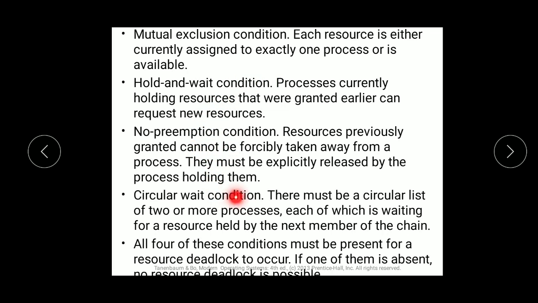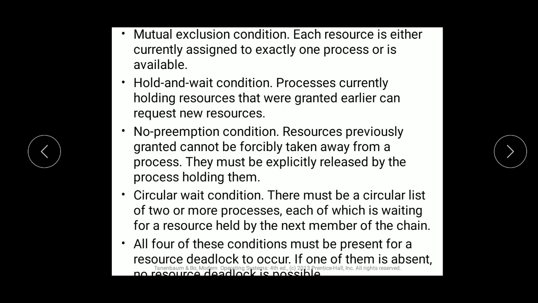Somewhere C is waiting for resources for D, but D is again waiting for A. Likewise, A is waiting for B to complete the task so that it would release the resources taken from A. So this is a circular chain going on among the processes, and that is called the circular wait condition.